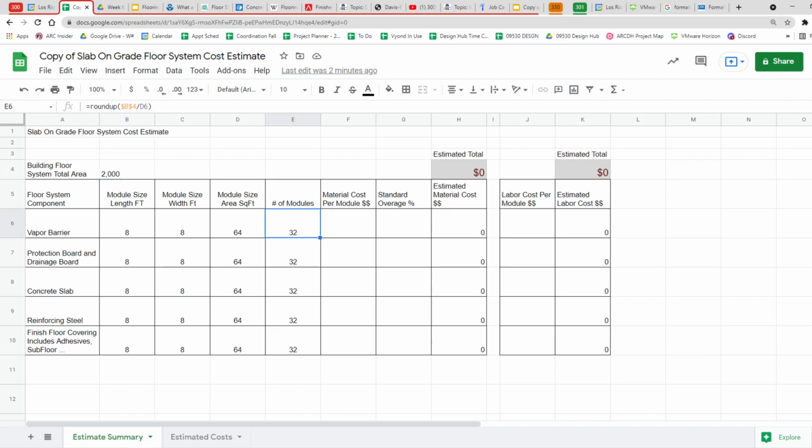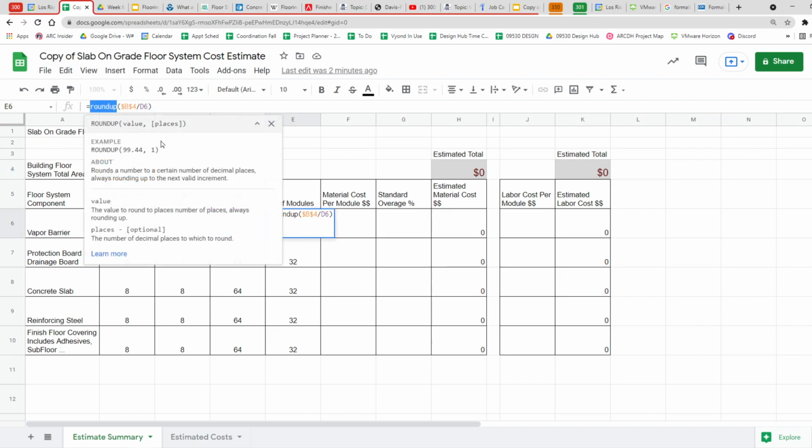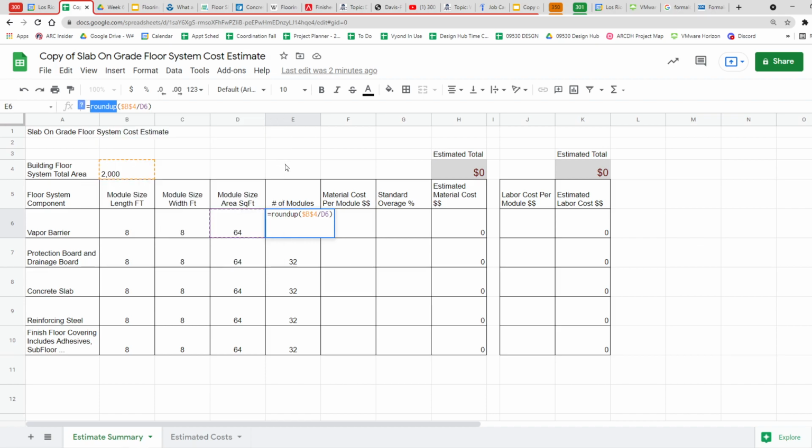So what did I do? I decided to round up. So that's called a conservative estimate. I'm going to estimate more material because I'm rounding up, because I can't have 3.25 modules. When I work with modules, I just got them.